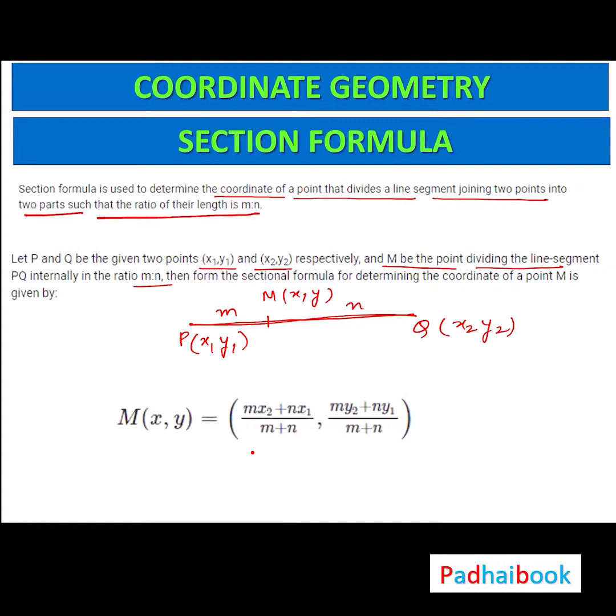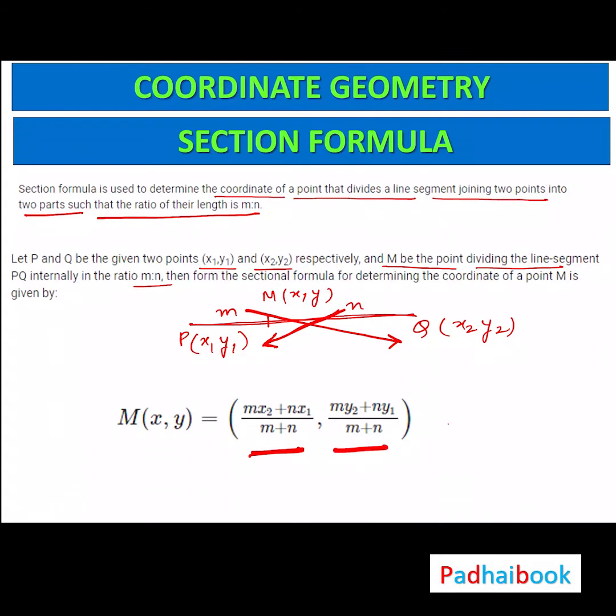Now an easy way to remember this formula is, first of all, let's see the x coordinate. Here you cross multiply: m with x2 and similarly n with x1. Simple. Remember that you just cross multiply when you are writing each coordinate of that point. m gets multiplied with x2, n gets multiplied with x1, divided by m plus n.